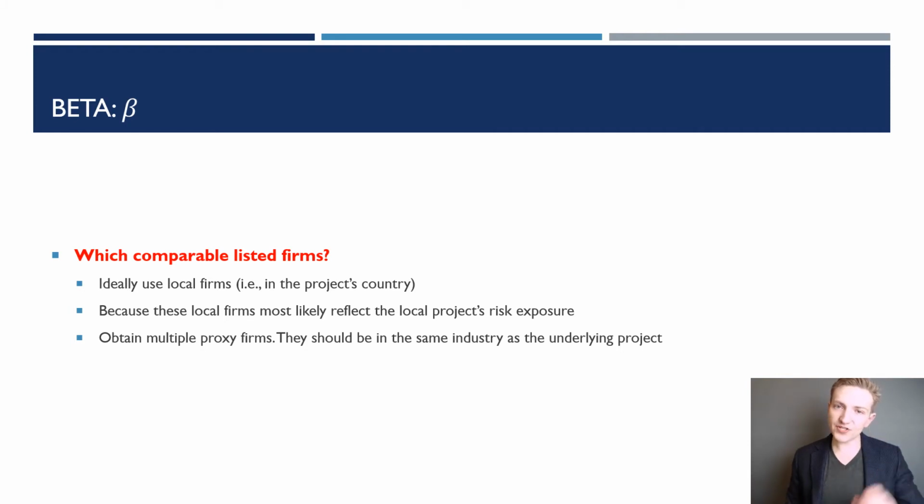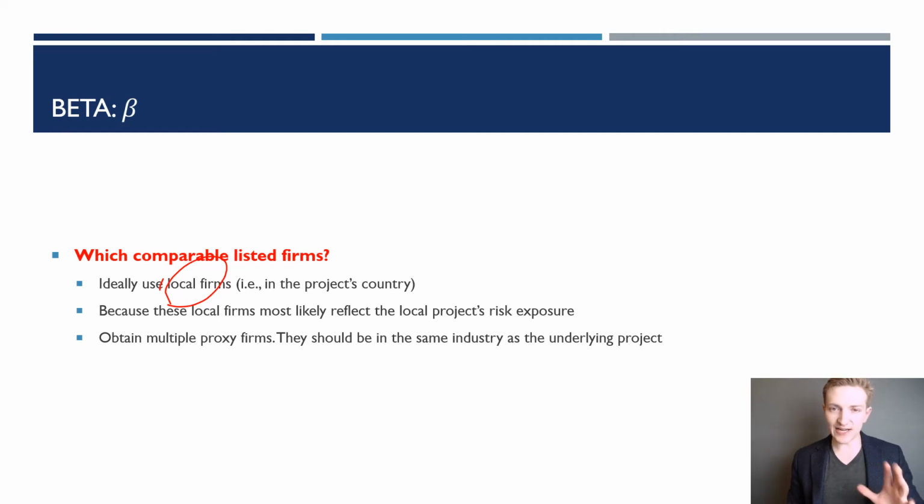All right, so focusing on the first issue, which comparable firms? Well, in an ideal world, these would be firms in the same industry, the same level of maturity, roughly the same growth level as the subsidiary you're interested in valuing. They'd ideally be local firms as well, so ideally from the same location as the subsidiary that you're trying to value.